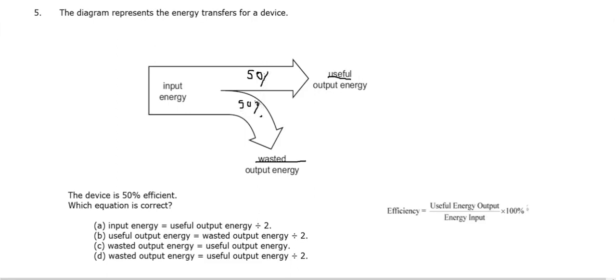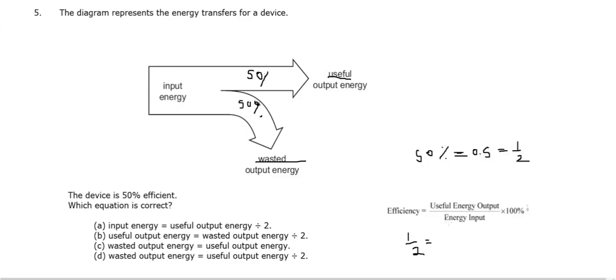Remaining 50% will be the wasted one. So that means useful output energy must be equal to wasted output energy divided by 2. So you can see from here also the efficiency is 50%, which is equal to 0.5, and 0.5 is nothing but 1 by 2.